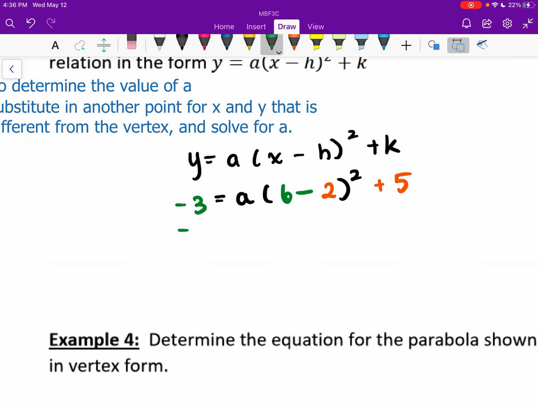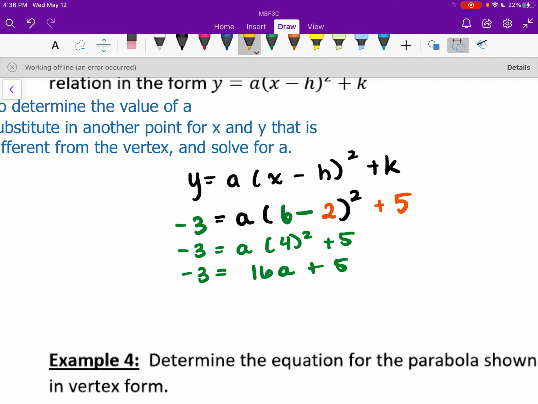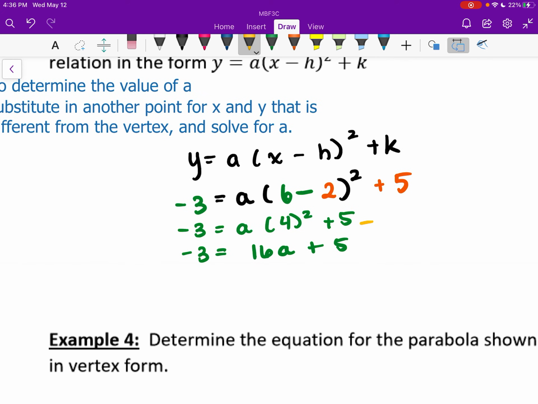Always do brackets first, so I have -3 equals a, 6 minus 2 is 4 squared, plus 5, right? Then you got to do the exponent, so 4 squared is 16 multiplied by a, plus 5, right? I want to bring the 5 over to the other side, so I'm going to subtract 5 on both sides. -3 minus 5 is going to be -8, which is equal to 16a, right?